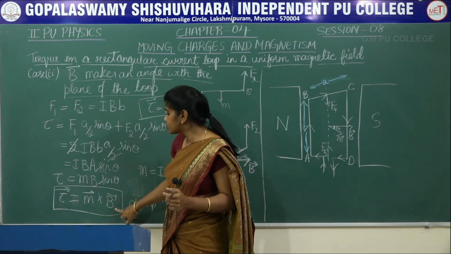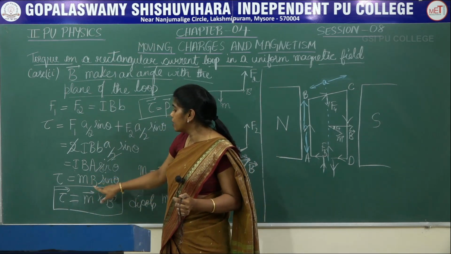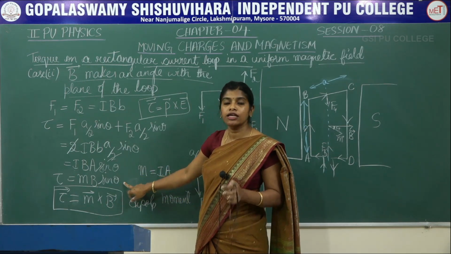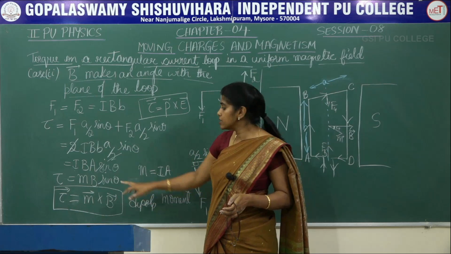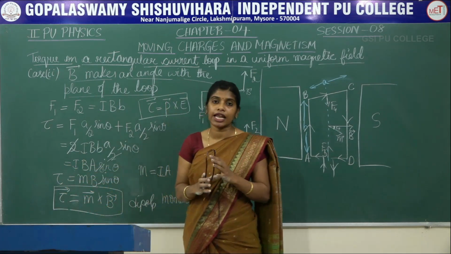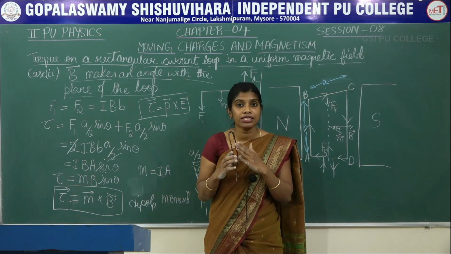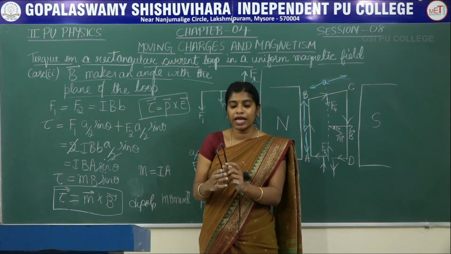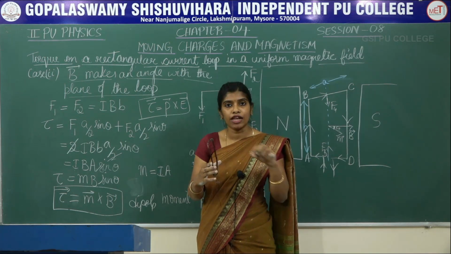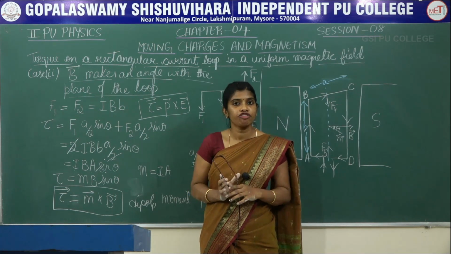So M cross B, if M and B are along the same line, what will be the angle theta? Theta will be 0 degrees. Sin 0 is 0. Therefore, the rectangular current loop will not experience any torque if the dipole moment is along the direction of the magnetic field.